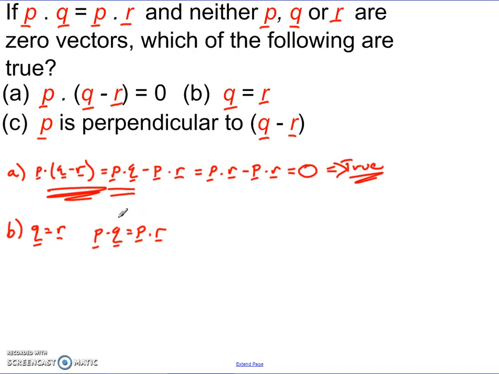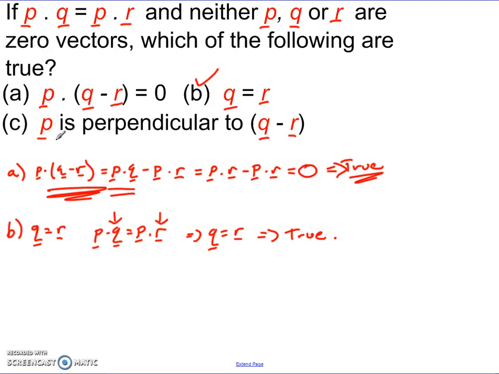What that means is any change between them comes from this second vector. That's where any change comes. But we know they are equivalent. So for them to be equivalent, that second vector also has to be equivalent. Therefore, q has to equal r, therefore it's true. Property B is true as well.